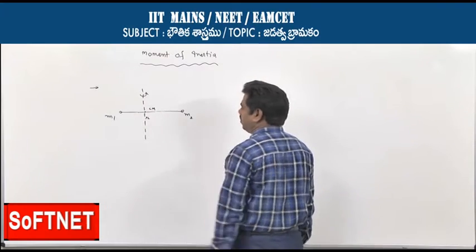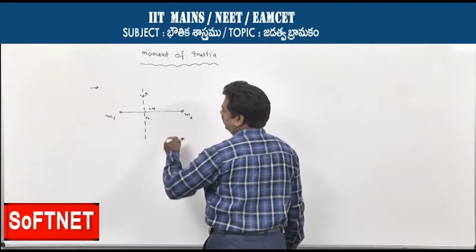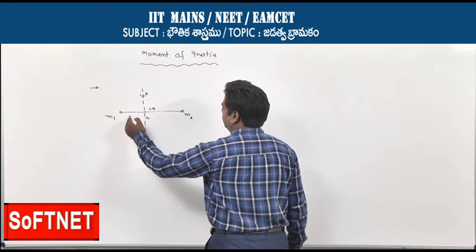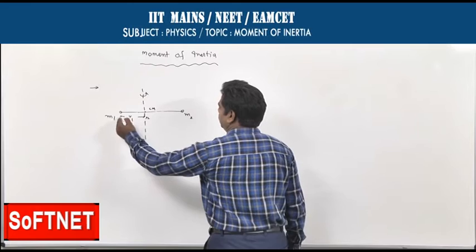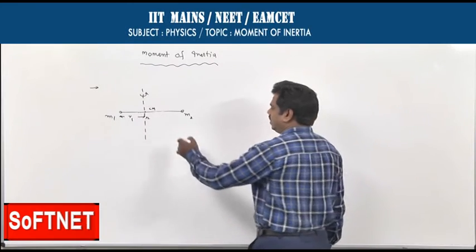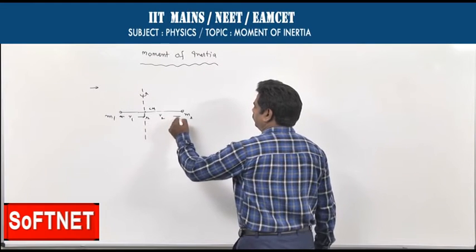As this is the center of mass, let the distance of the first particle m1 from the center of mass be r1 and the distance of the second particle m2 from the center of mass be r2.